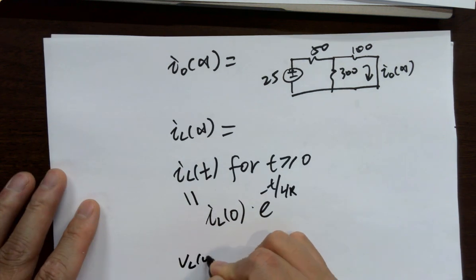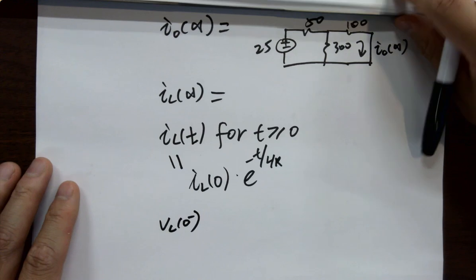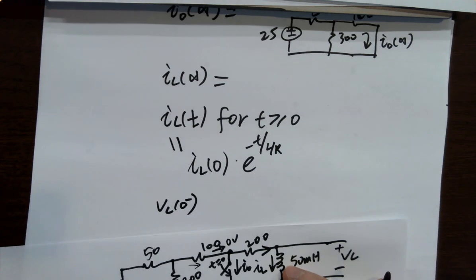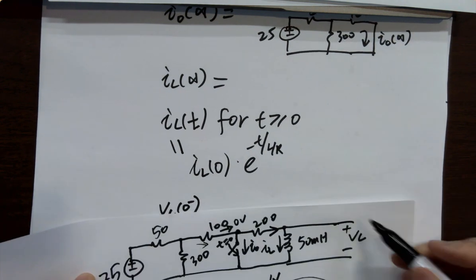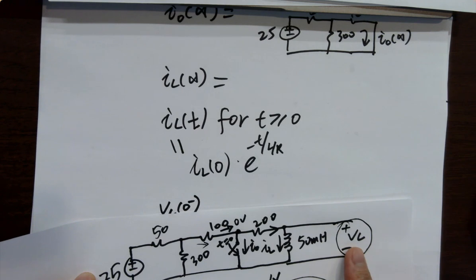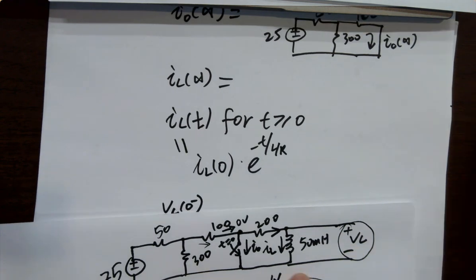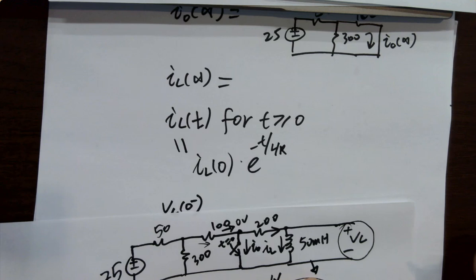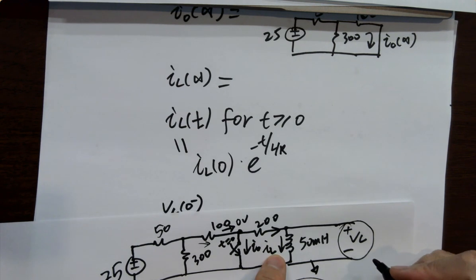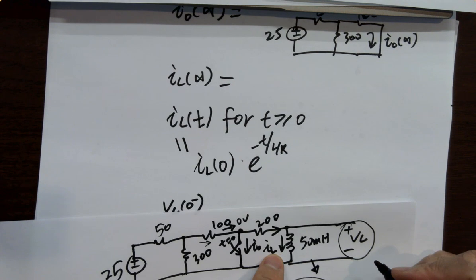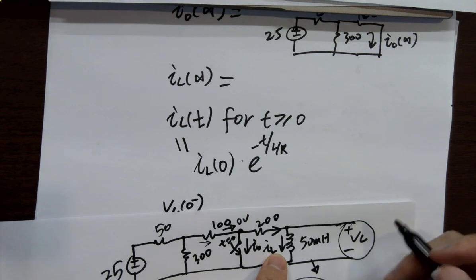VL0. Do you know IL0? Here's VL, right? What's the voltage here? 0. What's the current? IL. You already calculated everything about IL. What's VL?